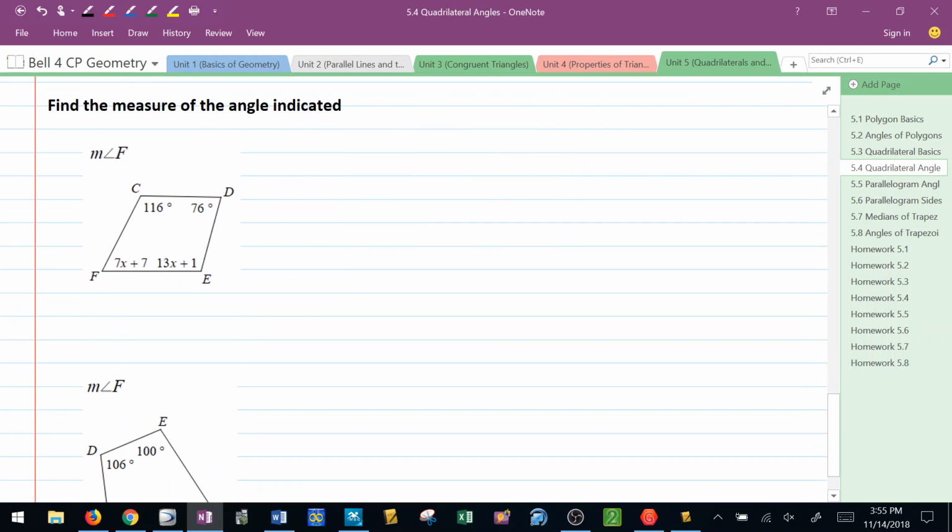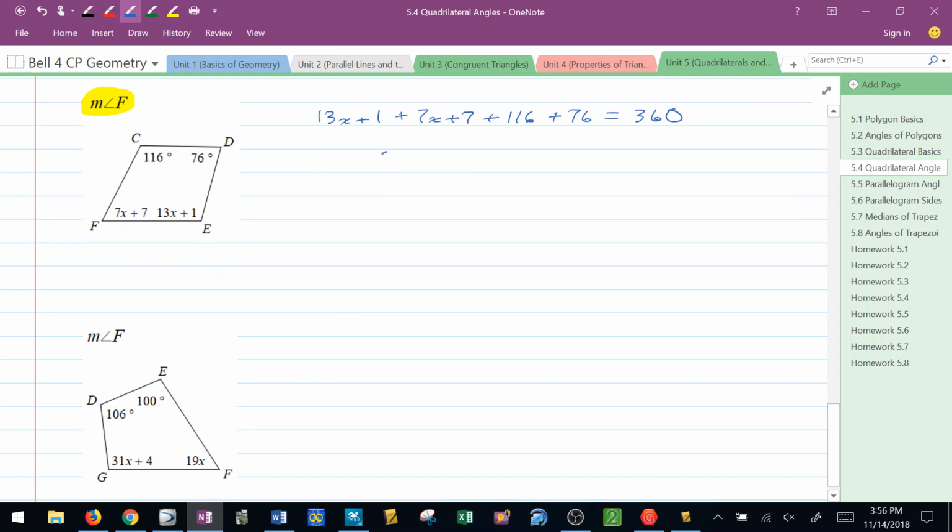So the third type of problem that we have is, notice they want me now to find the measurement of angle x. I set it up the same way. I know that the four angles, 13x plus 1, plus 7x plus 7, plus 116, plus 76, all have to add up to 360.